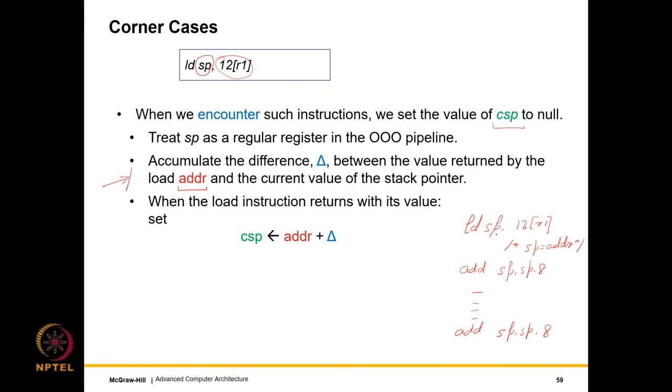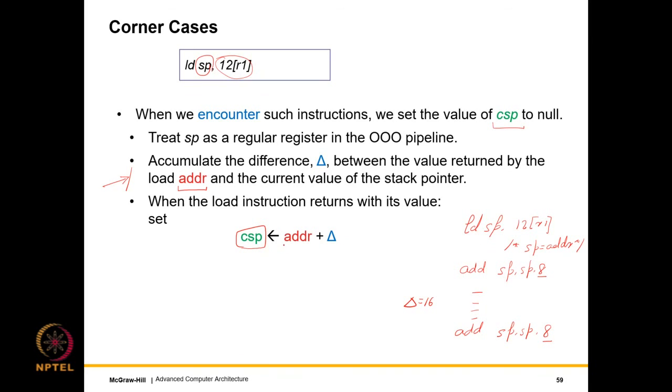So let's say at this point the value of the stack pointer comes back. So what we do is that delta will be equal to 16, the reason being that we add 8, and then of course we do other things, we don't touch the stack pointer, again we add 8. So delta will be equal to 16, so we set the value of the current stack pointer, which is CSP, equal to the value returned by this load instruction, which is ADDR, which we are assuming it is, right?